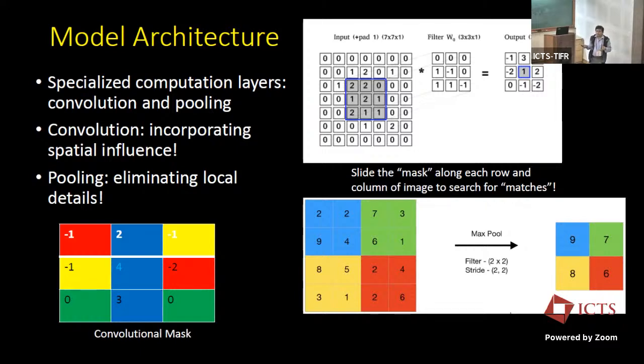Or if you want to detect certain patterns, then you represent that pattern with this filter and slide it all over, seeing where the values match that particular pattern. If the match happens, then the filter will give a high output. If it does not match, then it will give a low output.